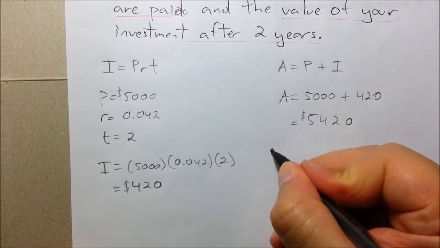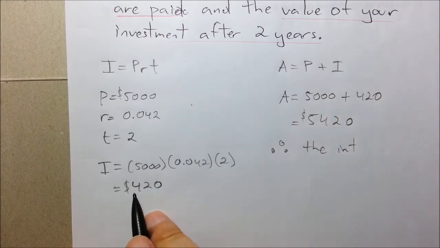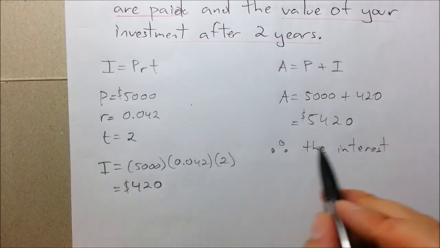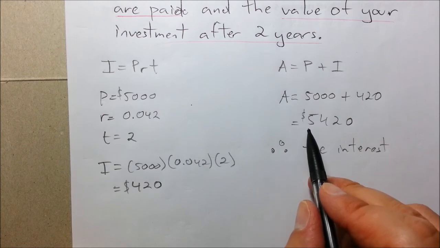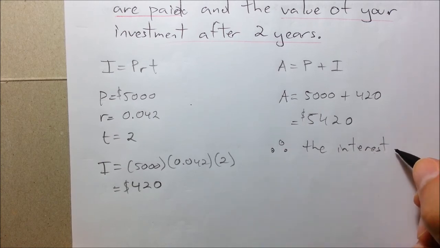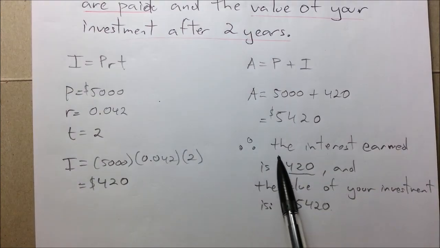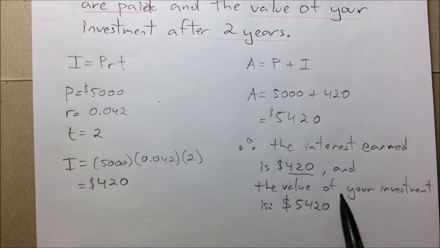So we can say, therefore, the interest earned is $420, and the final amount, the value of your investment, is $5,420.